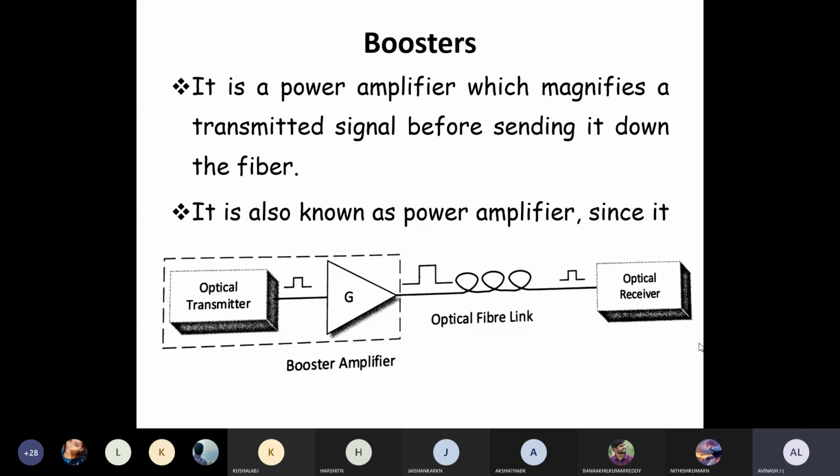Once it undergoes attenuation, very simply, the signal power will get reduced. When the signal power is reduced, we are going to lose the information.